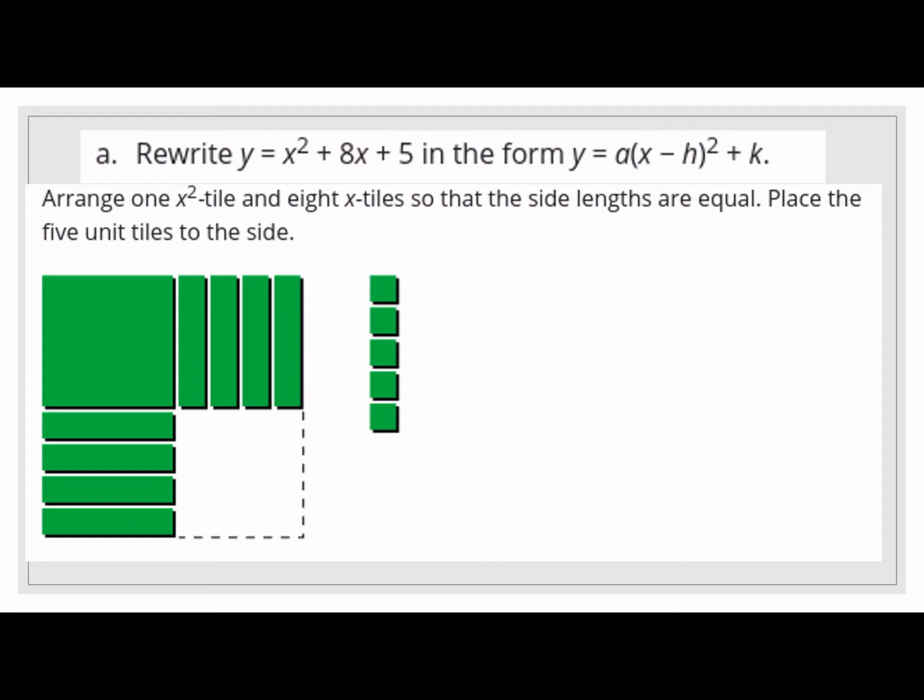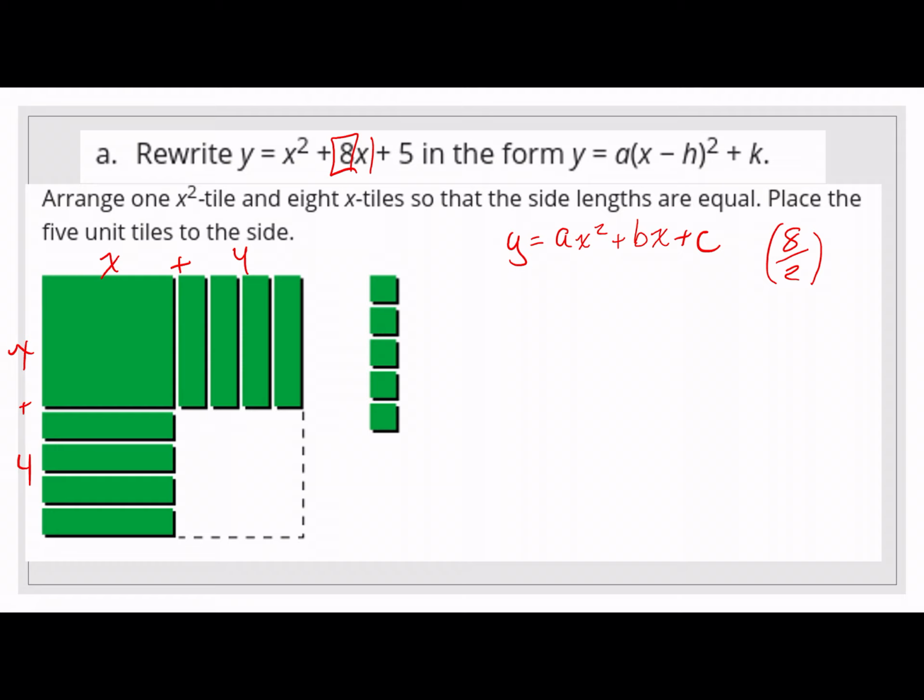We're taking our b term because y equals ax squared plus bx plus c is our standard form. So our b term is this 8 here. We divide the 8 by 2 to have 4 here and 4 here. That's our dividing by 2.